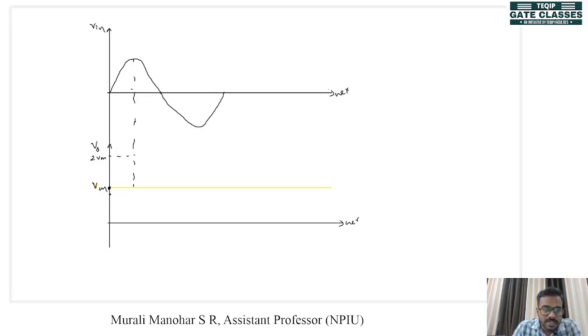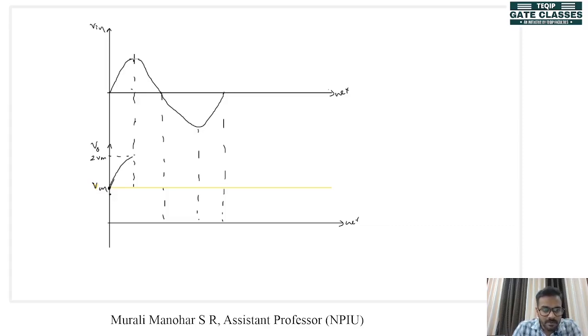When Vin is equal to 0 again, I will draw this as well. When Vin equal to 0, Vout is equal to Vm.